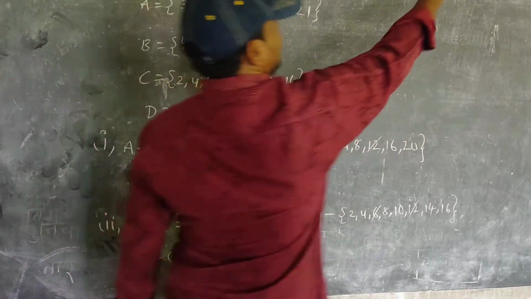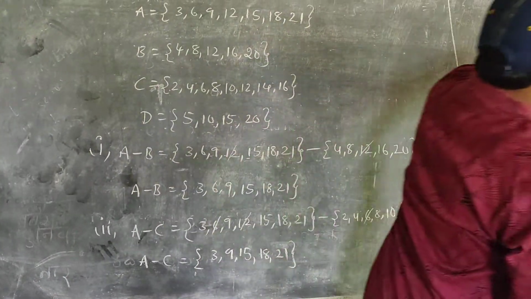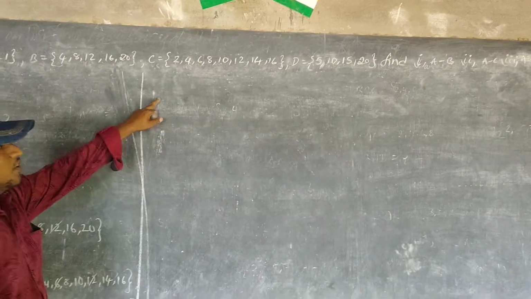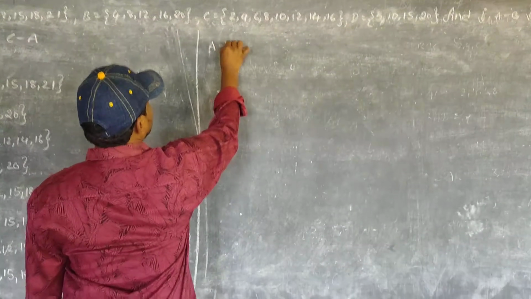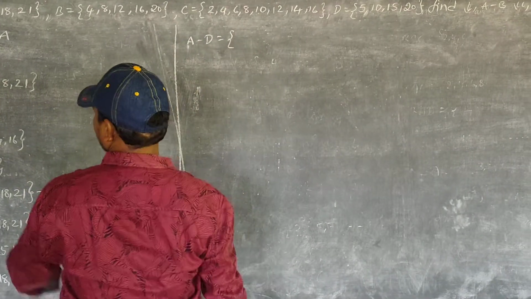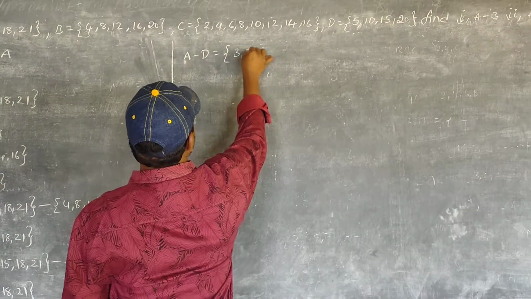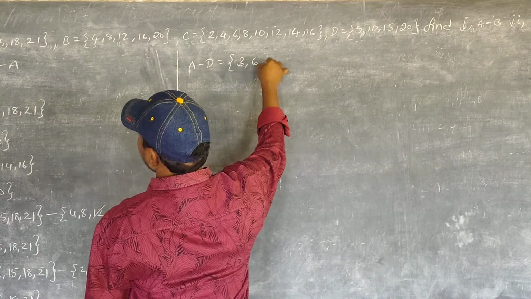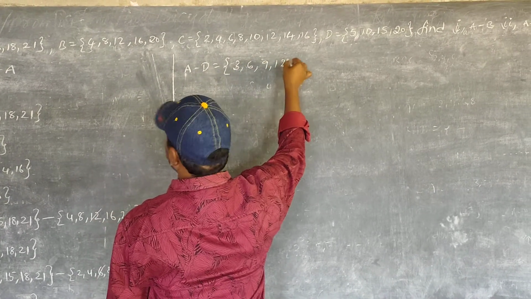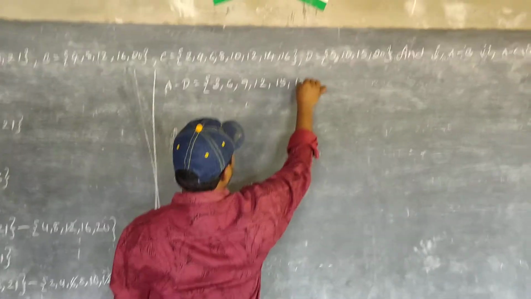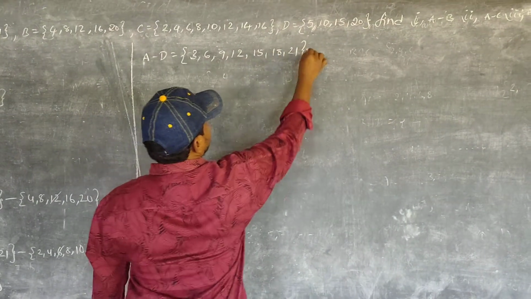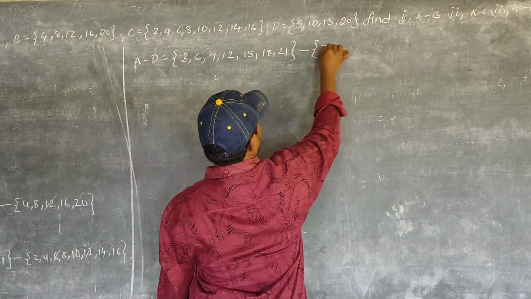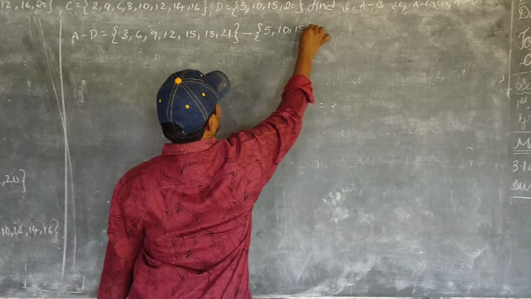Next, third one. Third one is A minus D. What is set A? 3, 6, 9, 12, 15, 18, 21, minus D. What is set D? 5, 10, 15, 20.